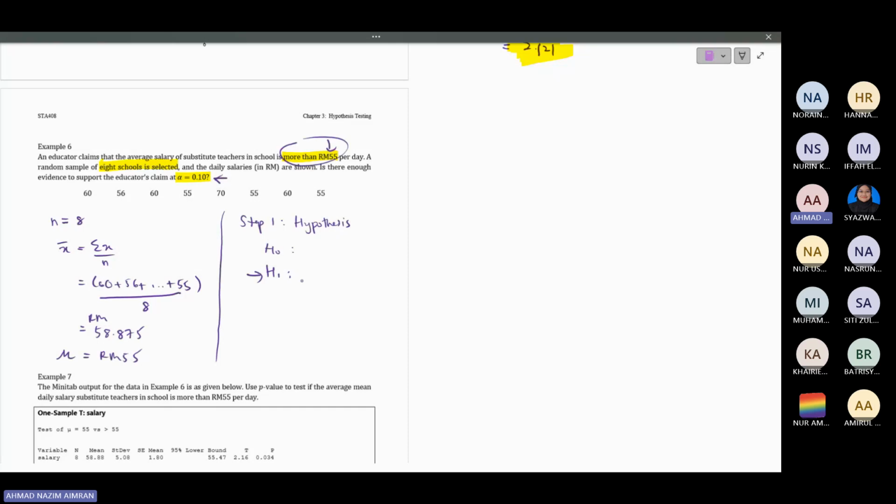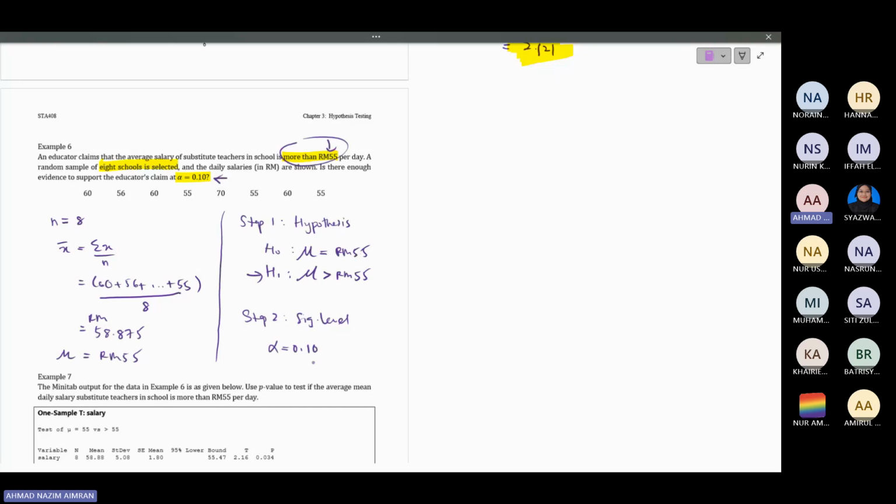So what we want to test is whether the mean salary of the substitute teachers in school is more than RM 55. And for the null hypothesis, it is always equal to 55 ringgit. And step 2 is the significance level. The significance level alpha is equal to 0.10.